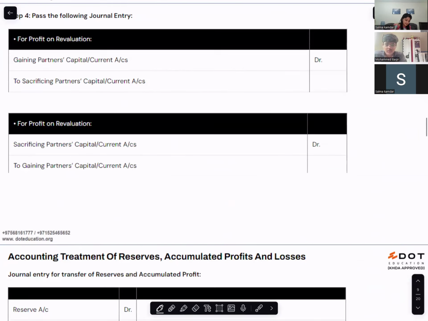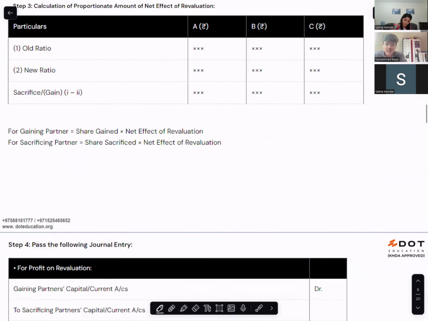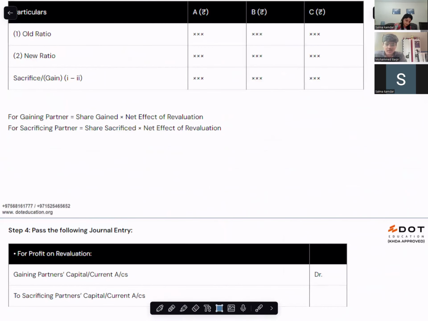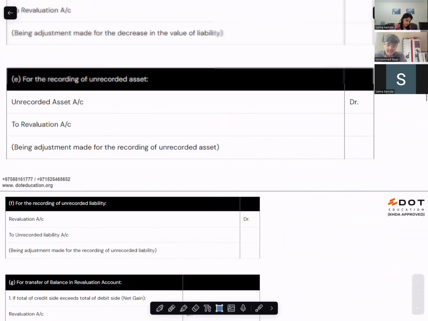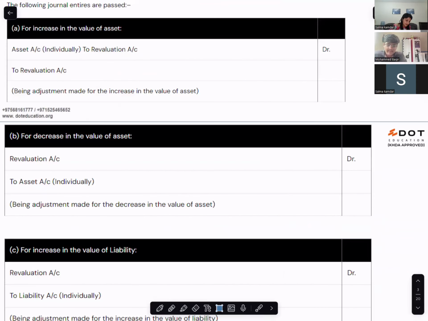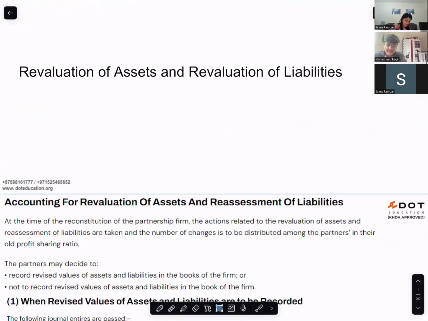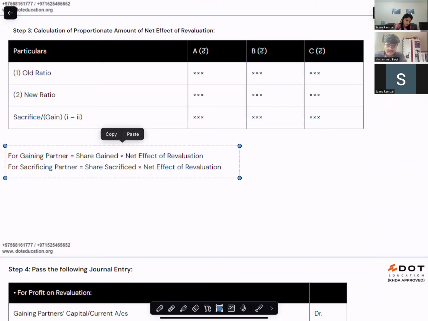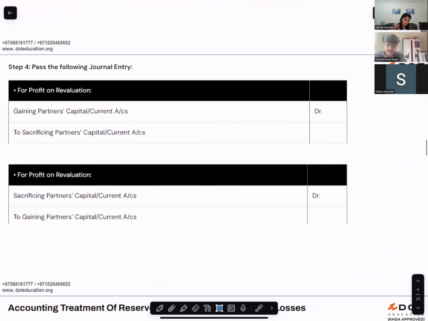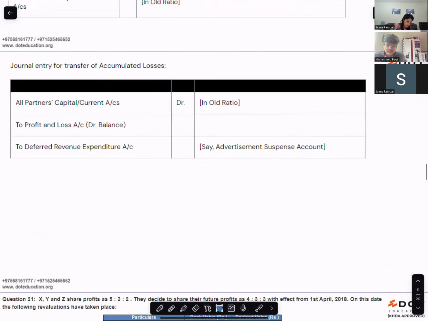Share gained into net effect of revaluation. So to find the share of sacrifice or gain of each partner, it is share gained into the net effect of revaluation.